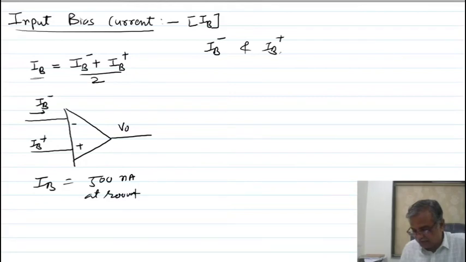If field effect transistors are used at the input of the op-amp, the input bias current is of the order of picoampere or less at room temperature.